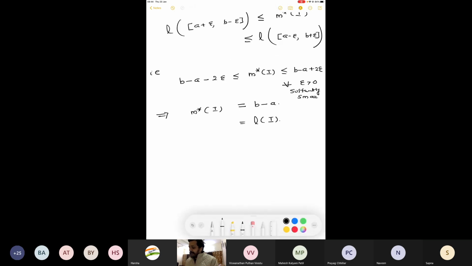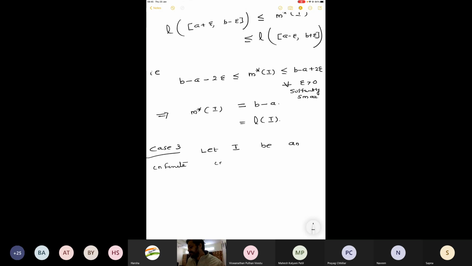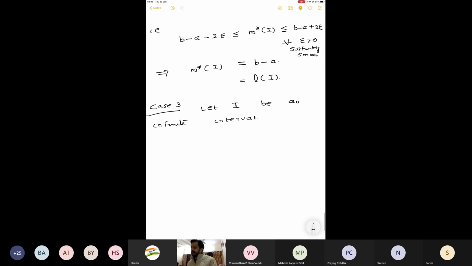Now not over. Case 3. Now you consider any interval. Let I be an infinite interval. Finite cases are already discussed. Now again I want to reduce this problem of finding M star of I to the outer measure of a closed bounded interval. So what will I do? Since I is an infinite interval, the following happens.